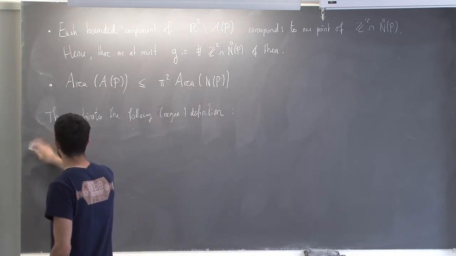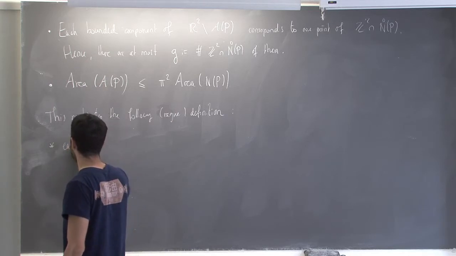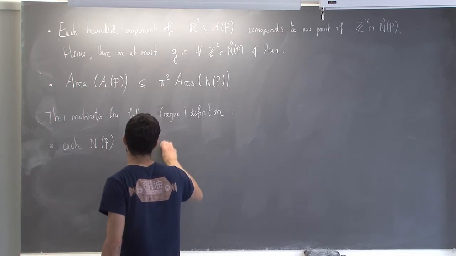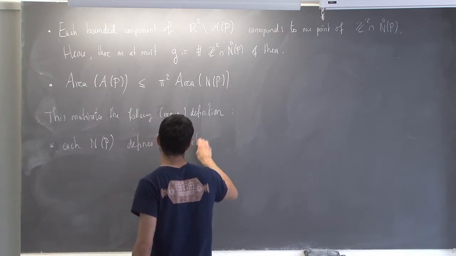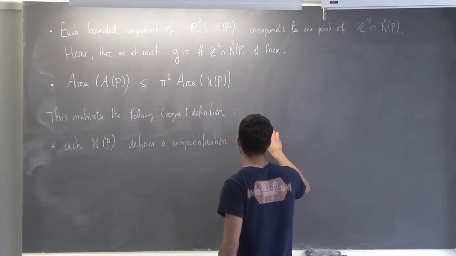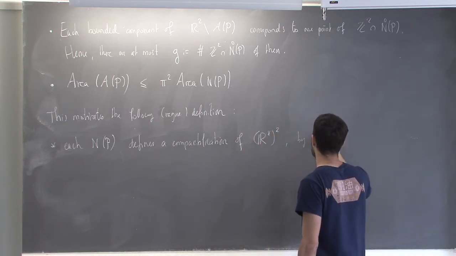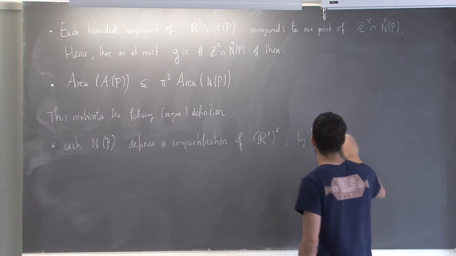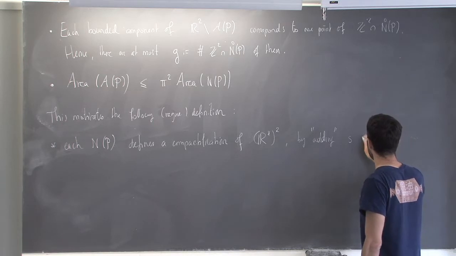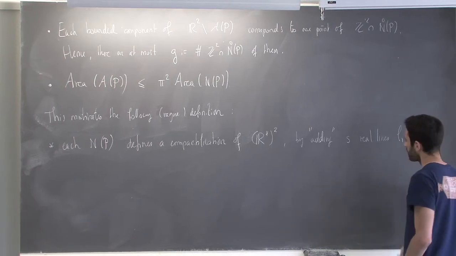So first, I need a little construction. It's to say that each Newton polygon defines a compactification of R star squared by adding S, the number of sides, real lines L1 through Ls.